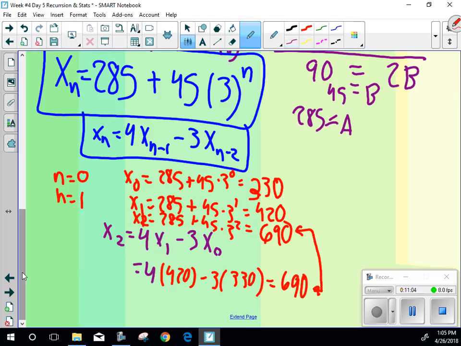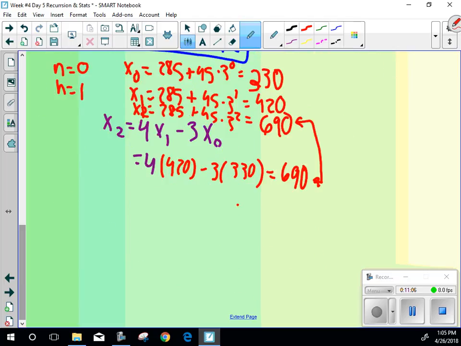Then we're going to do n equal to k. And the n equal to k term that we want to check is x of k, which is equal to 285 plus 45 times 3 to the k.